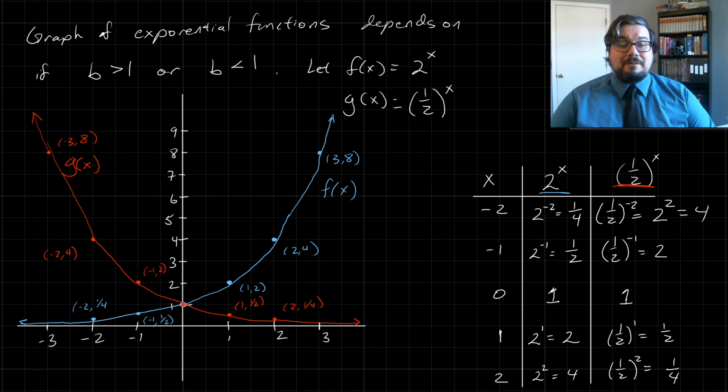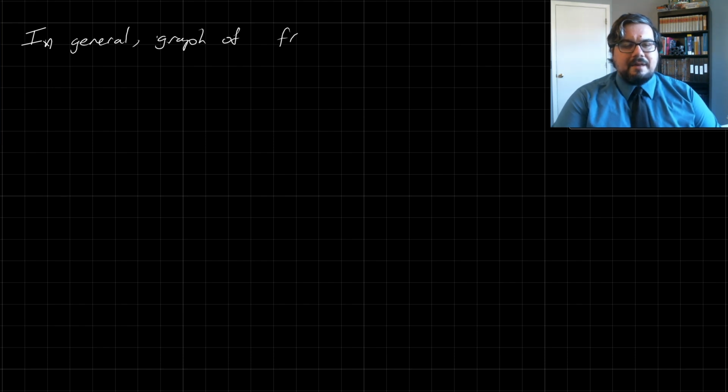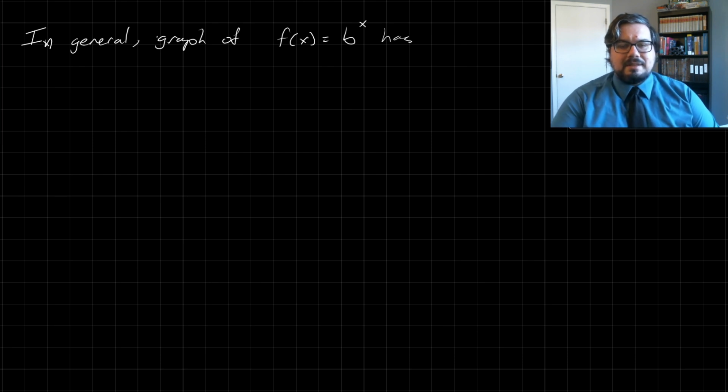The general graph is going to be very similar to this. So in general, the graph of f of x equals b to the x has the following properties.